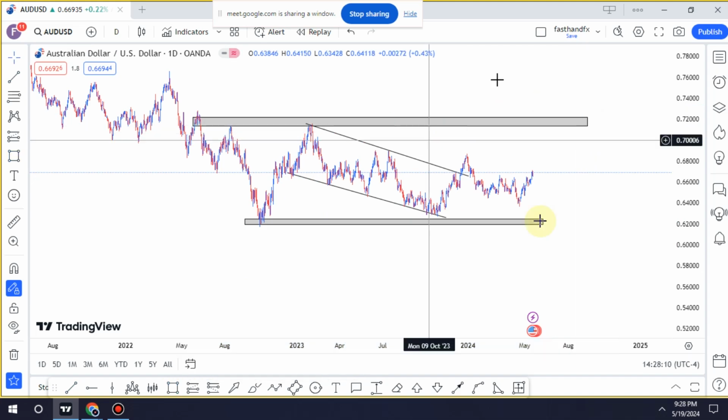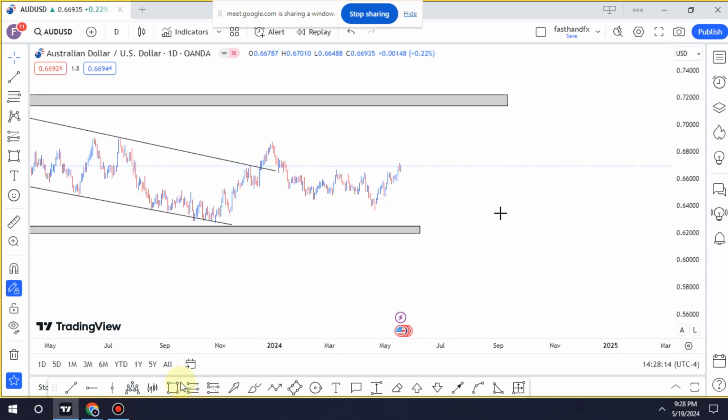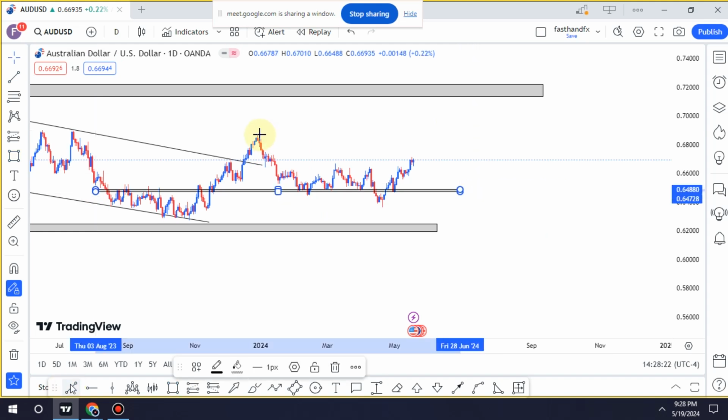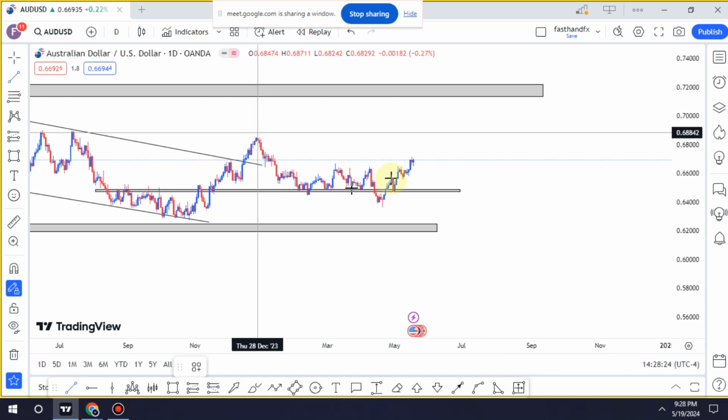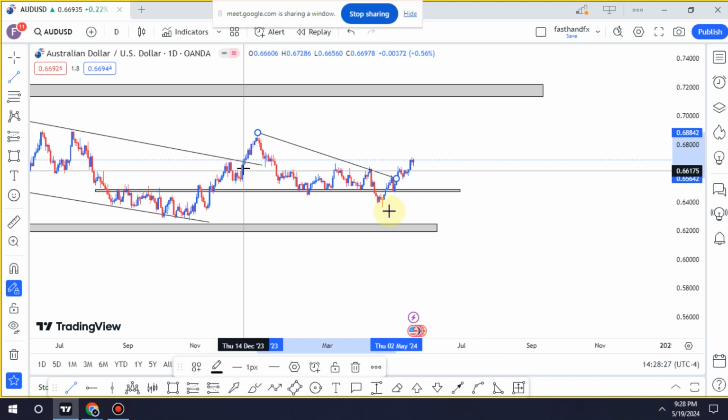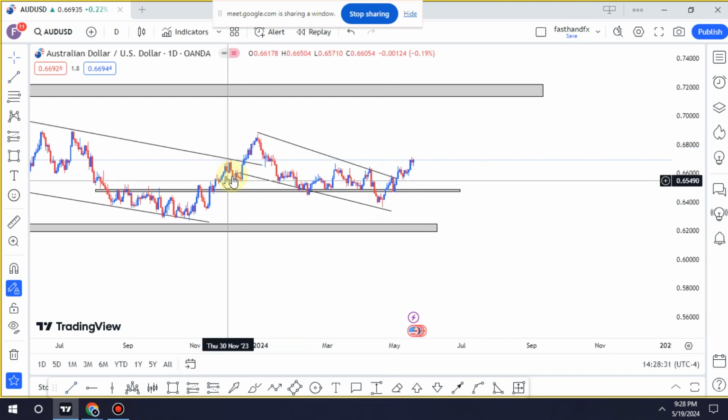Now if you look at this level right here, we might consider this as a support. And if you look at this properly, this is also another continuation pattern right there. Now those are just bullish flags.